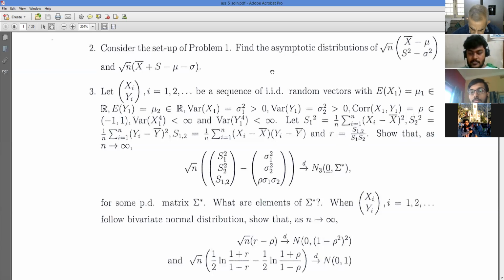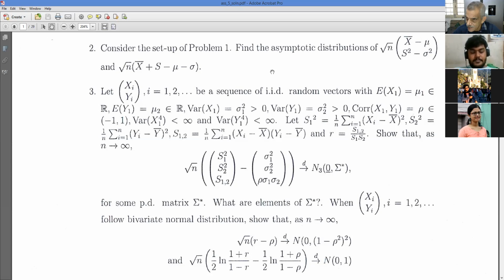So you see, in your BSc, you did the central limit theorem for only one random variable, right? Single random variable. So X1, X2, ..., Xn are IID with mean mu and finite variance sigma squared. Then root n (X bar minus mu) goes in distribution to normal(0, sigma squared), right?